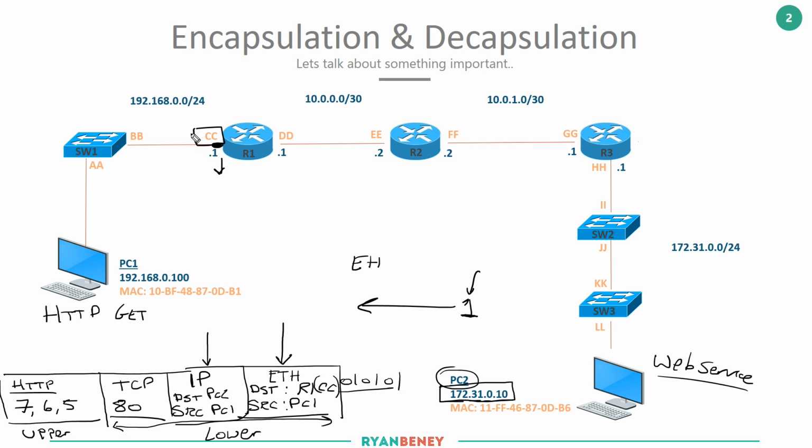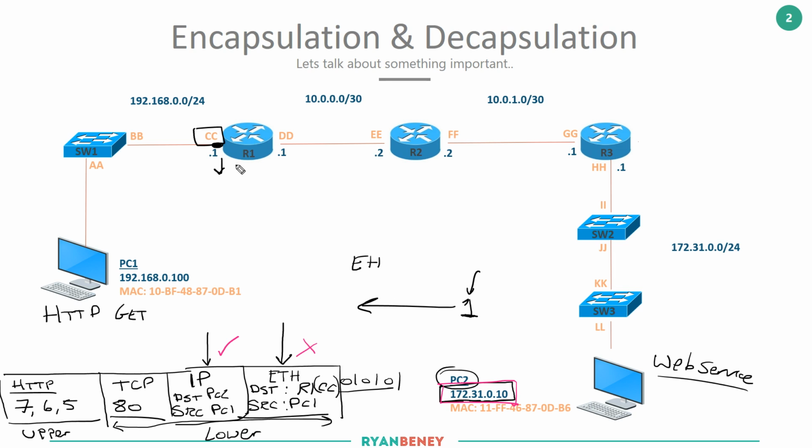It's CC. Now, because of that, it will decapsulate, as in it will take away the layer 2 header, and it will look inside and look at the layer 3 header. So it's removed its layer 2 header, and it's noticed that the layer 3 header IP is not for itself, and in fact it's for PC2.